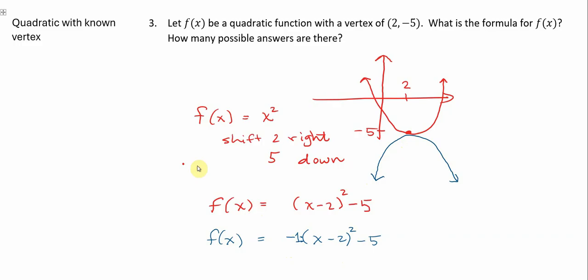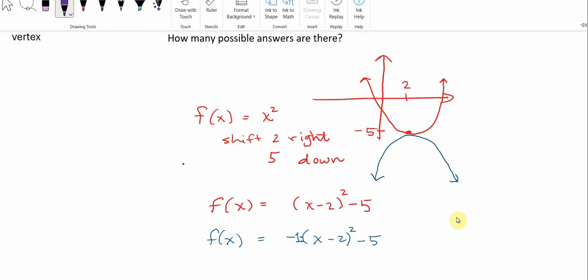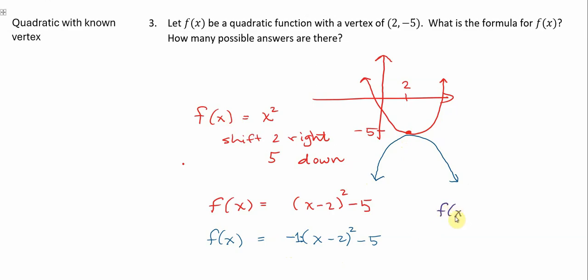We could also put some other number in the front here besides 1 and -1. So we could also say f of x is equal to 3 times (x minus 2) squared minus 5.